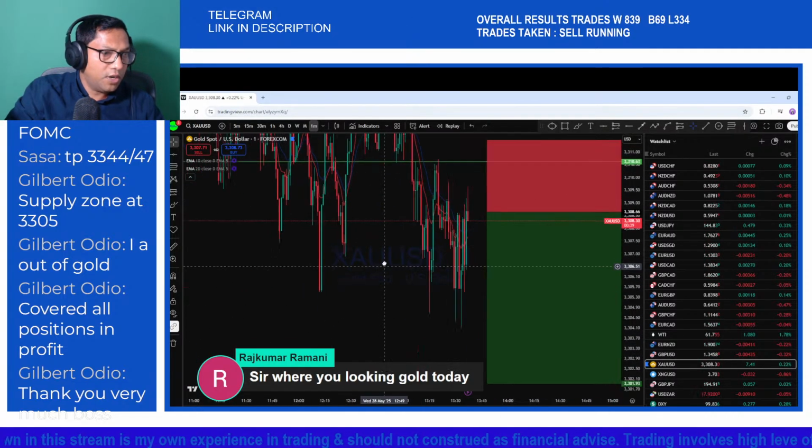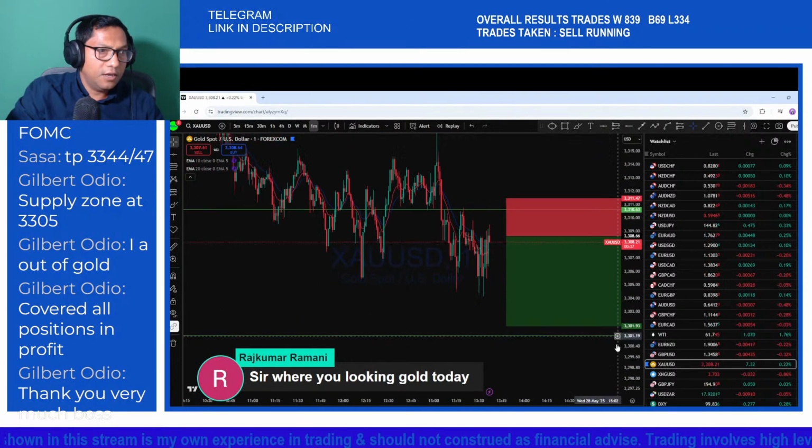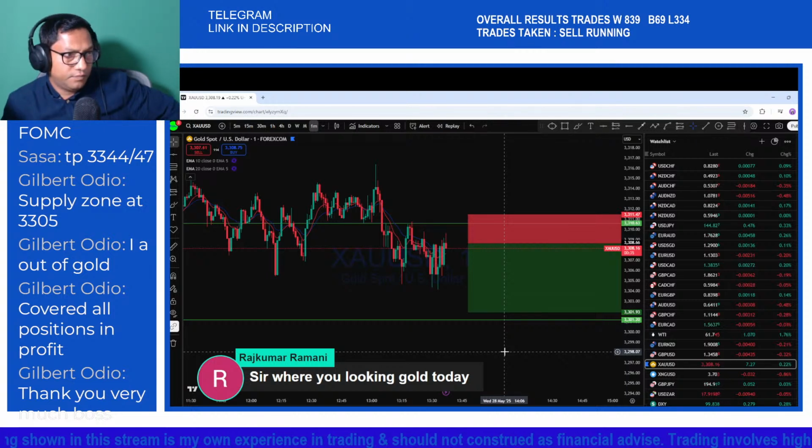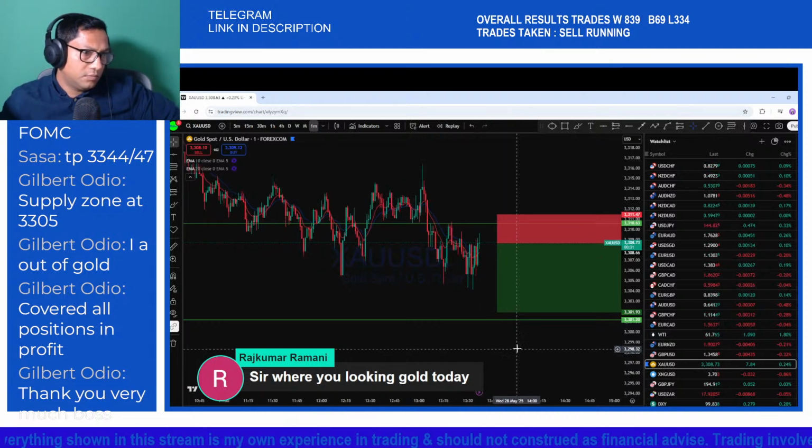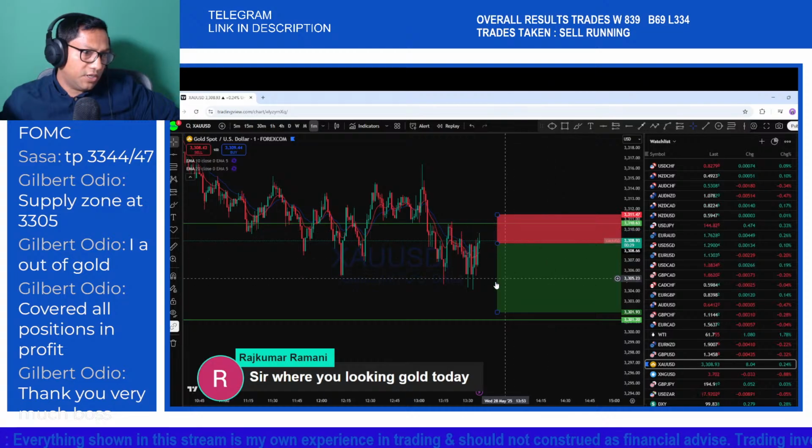Okay, so there is a 1 minute candle, this is the 1 minute candlestick pattern.